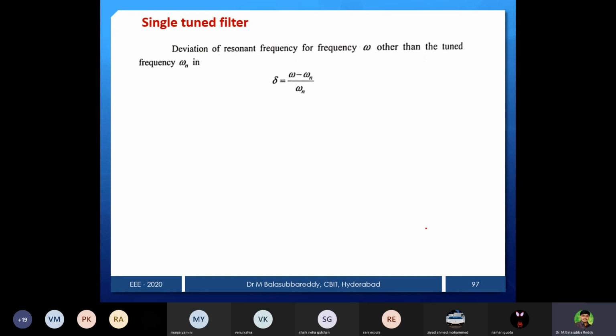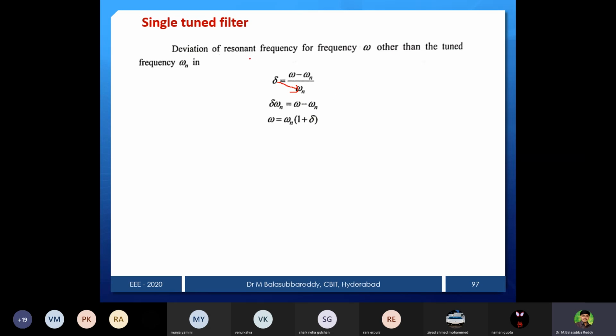I told you that whatever you design, the frequency may change with some deviation, which I call delta. Cross multiplying, delta into omega n gives omega minus omega n.